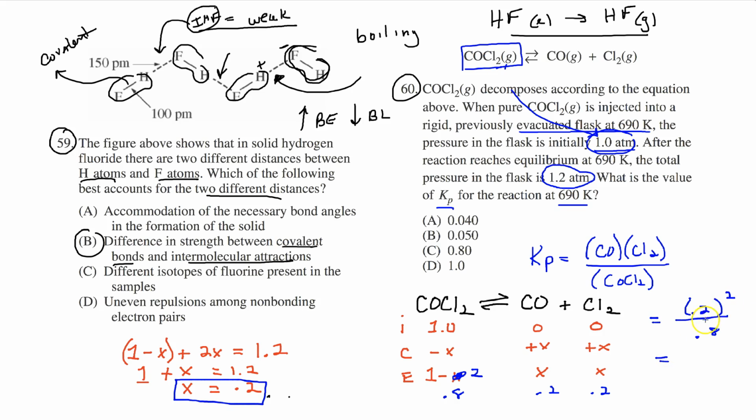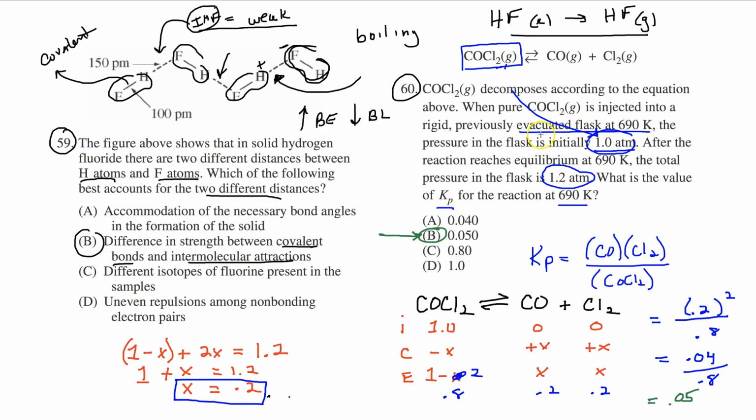Well, 0.2 squared is 0.04 over 0.8. You say, I can't do this. Well, isn't 0.4 over 0.8 half, 0.5? So 0.04 over 0.8 would be 0.05, right? That's all you have to do here. So you should get 0.05, which is choice B. That's why B is the answer.